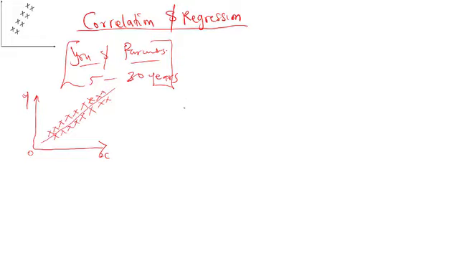This one is known as a positive relationship. They both increase and decrease at the same time. But if this is our value of y and this is our value of x, and y increases when x decreases, then it is an inverse relationship.